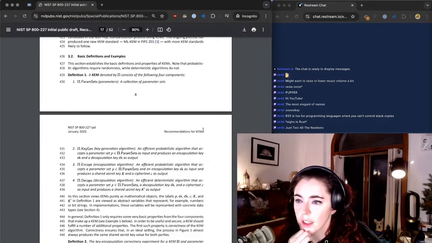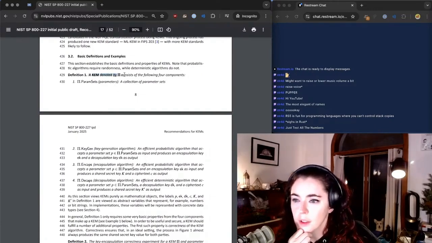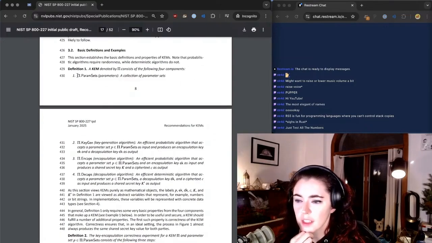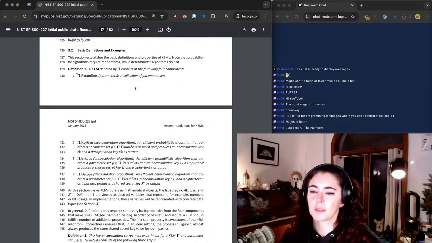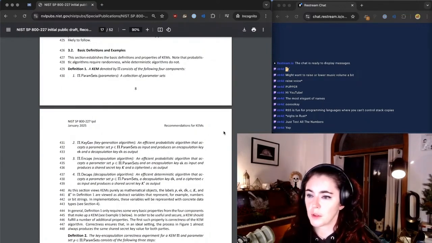Ah. Okay. Ooh. Alright. Oh boy. They're bringing the Greek symbols. Okay. A KEM, denoted by pi. That's pi, right? Capital uppercase pi. I'm kind of surprised that they're doing it like this. They didn't do it like this in FIPS 203. I kind of liked it the other way better.